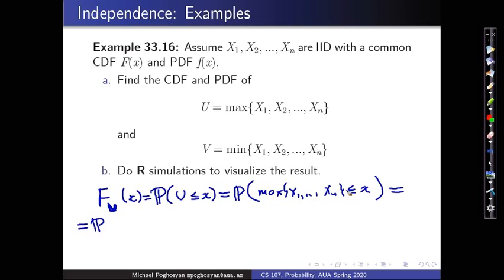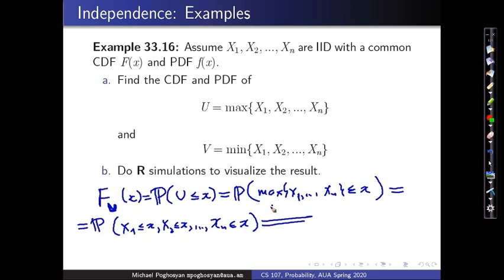Because the maximum of X1 to Xn is less or equal than x, that means that all Xk's are less or equal than x. So if the maximum is less or equal than some number, then each of the terms is less or equal than that number: X2 is less or equal than that number, etc., Xn is less or equal than that number.